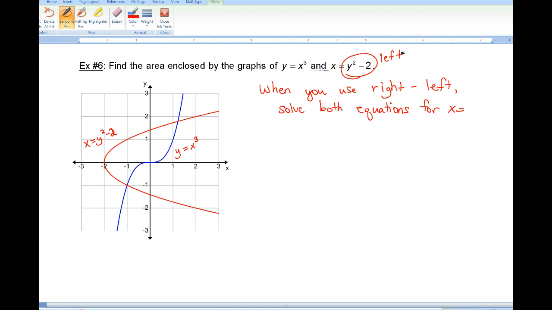But this one is y equals x to the third. Good. So if I take the cube root of both sides, I get y to the 1/3. I'm going to write it that way just because it's easier, although you could leave it as a cube root.